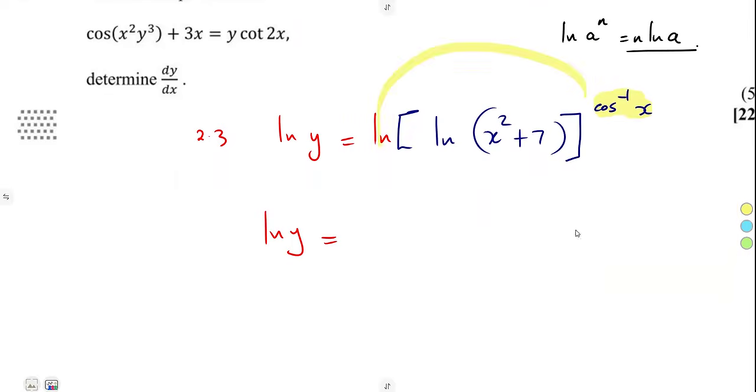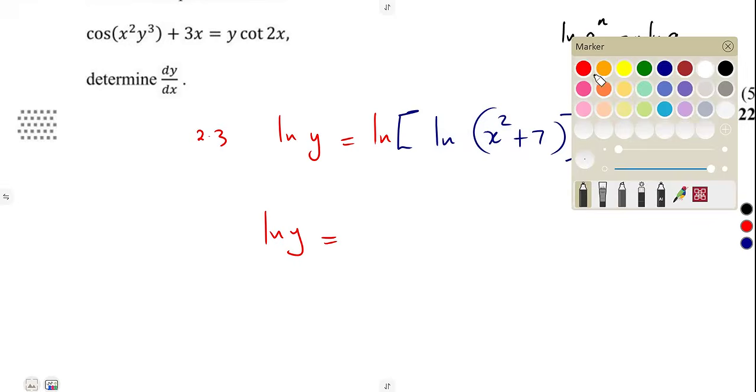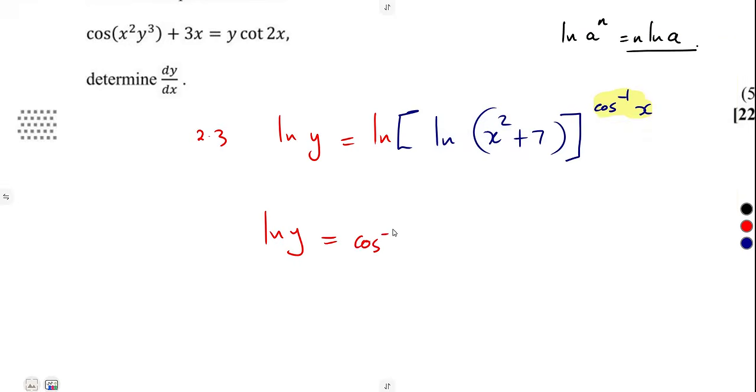So you have to drop that exponent and you're going to remain with the ln of what? Ln of a. So a in this case is this part here that we are having. So it was going to be like this. You drop that exponent. So that's arc cos of x times what? The ln of a. This is our a, guys.